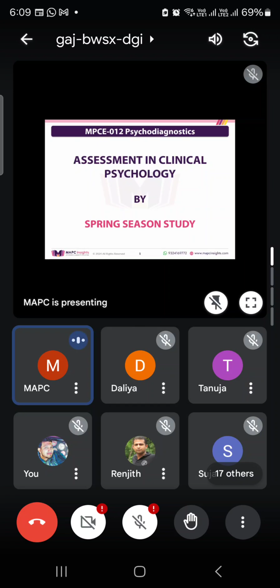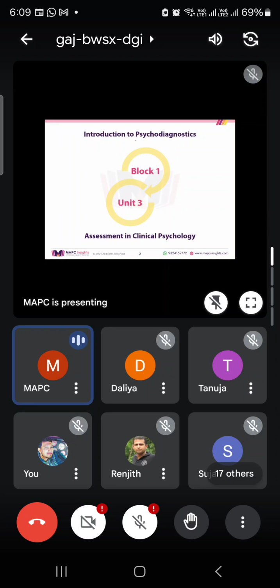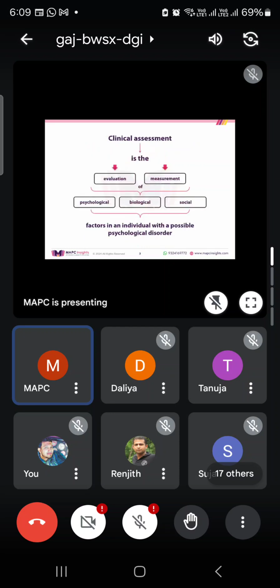So third chapter is assessment in clinical psychology. As you can see, this is block 1, unit 3, assessment in clinical psychology. So clinical assessment is the evaluation and measurement of the psychological, biological, and social factors.